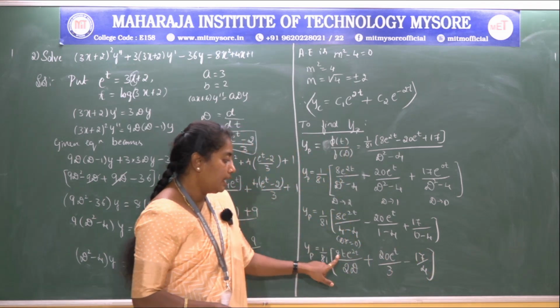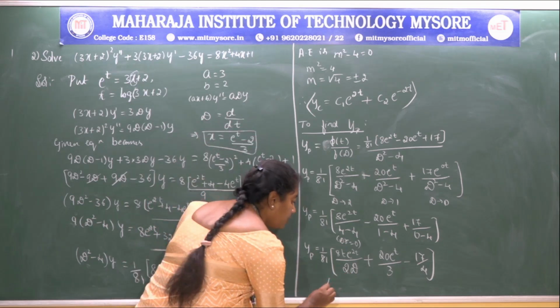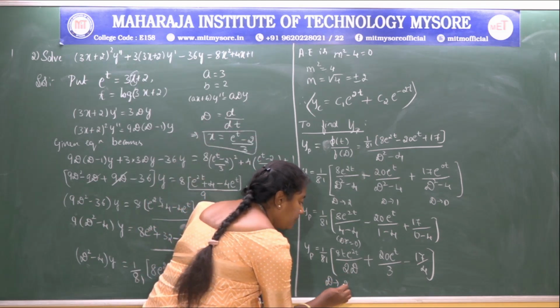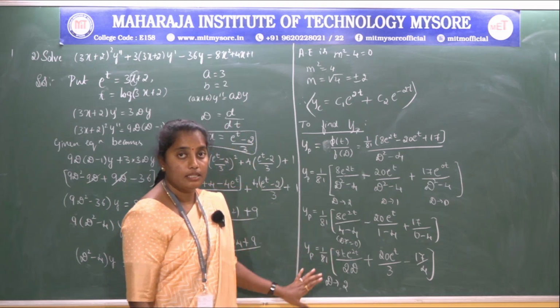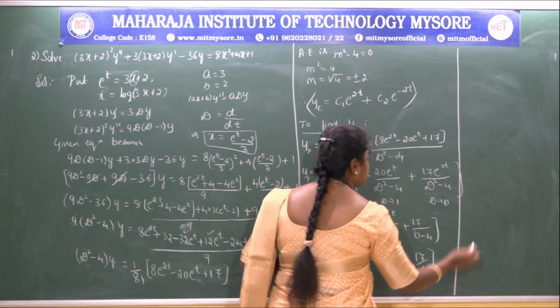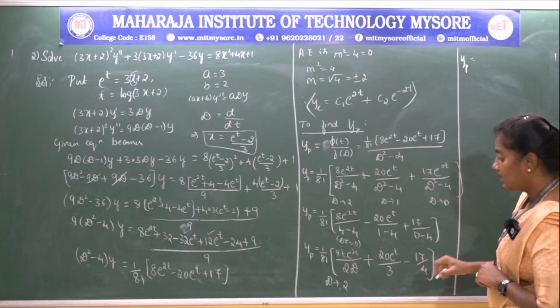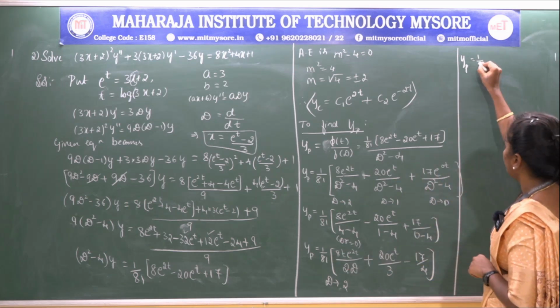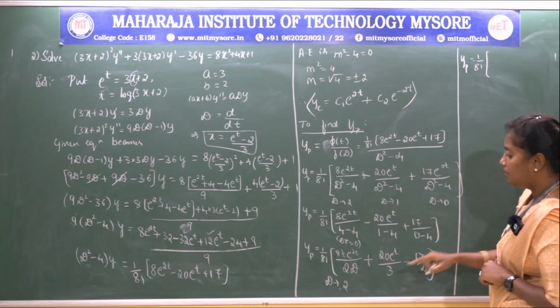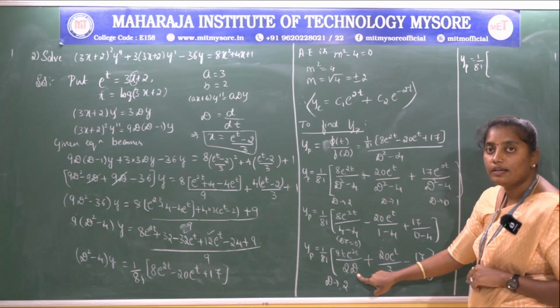Here we have 8t e power of 2t divided by 2D. So therefore we have to replace D by 2 again in the first term. So then the particular integral value is equal to 1 over 81 into, on replacing D by 2 we get 2 into 2 is equal to 4.